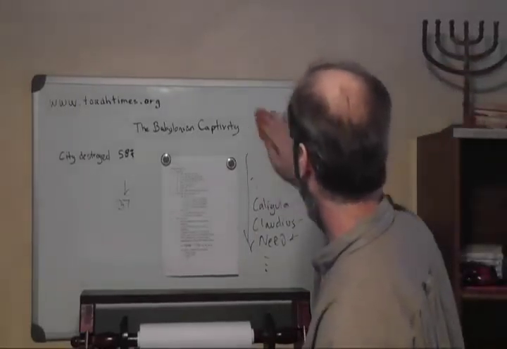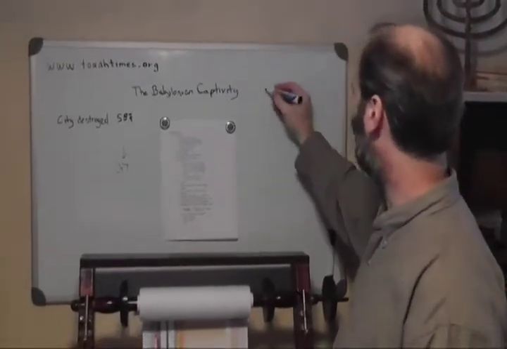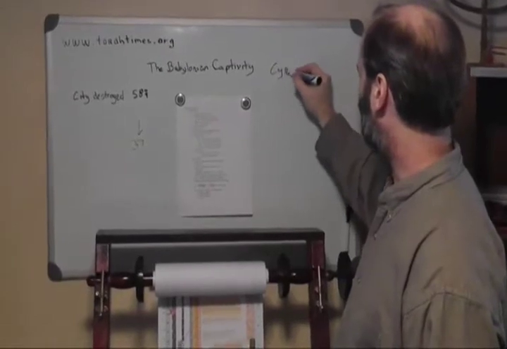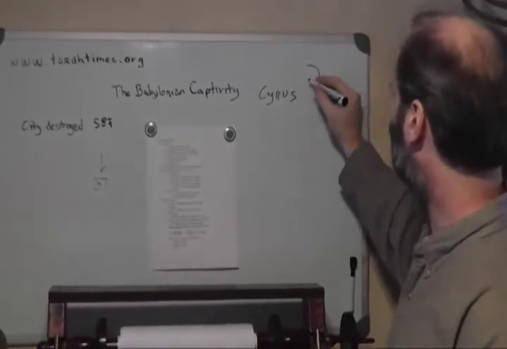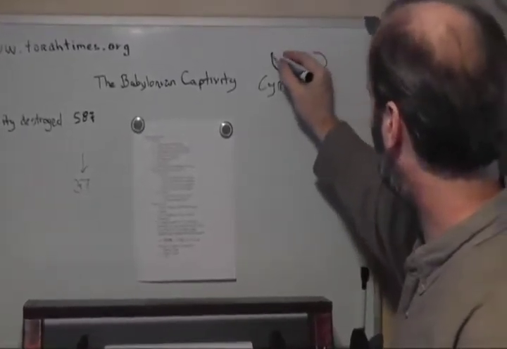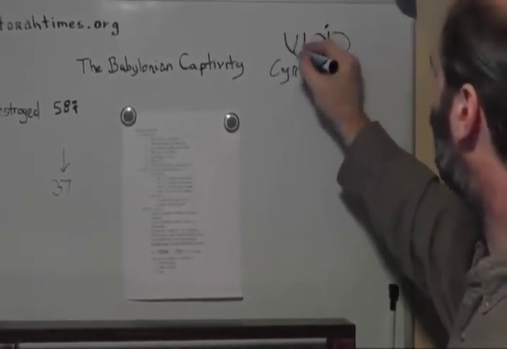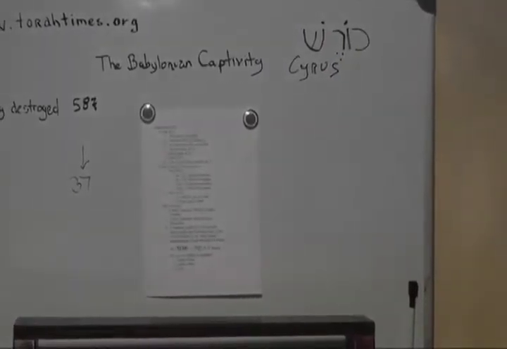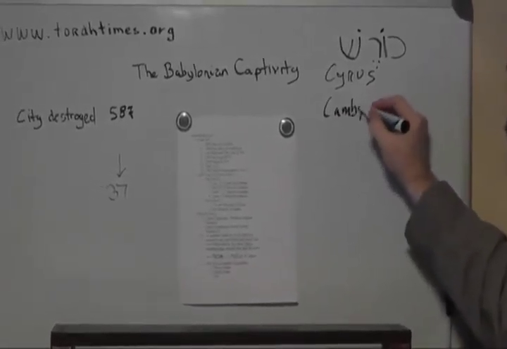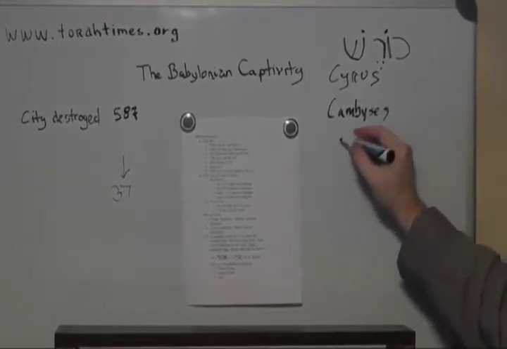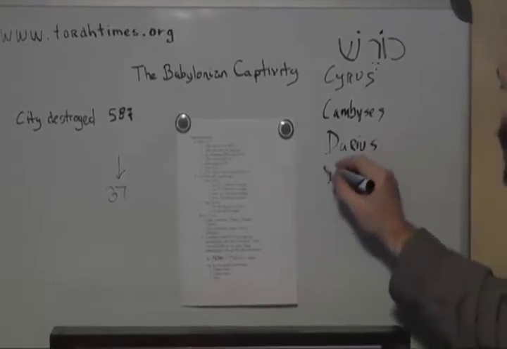Persian chronology works the same way. We have a dynastic throne name, Cyrus. In Hebrew, this is Koresh. So we have Cyrus, Cambyses, Darius, Xerxes.